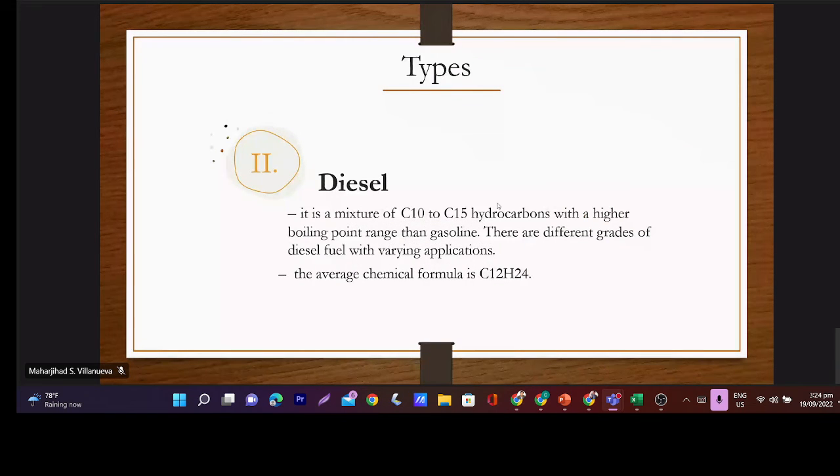And diesel. It is a mixture of C10 to C15 hydrocarbons with a higher boiling point range than gasoline. There are different grades of diesel fuel with varying application. The average chemical formula is C12H24. Diesel is most common in diesel engines.